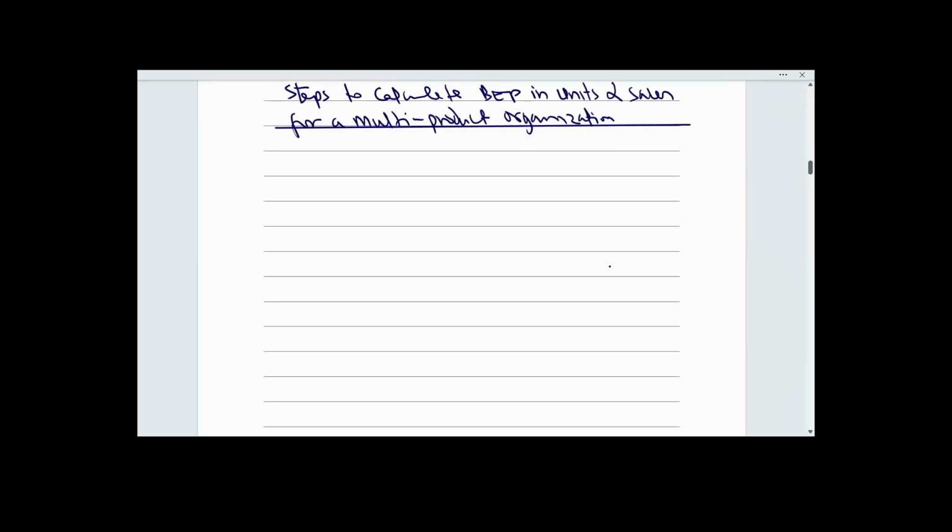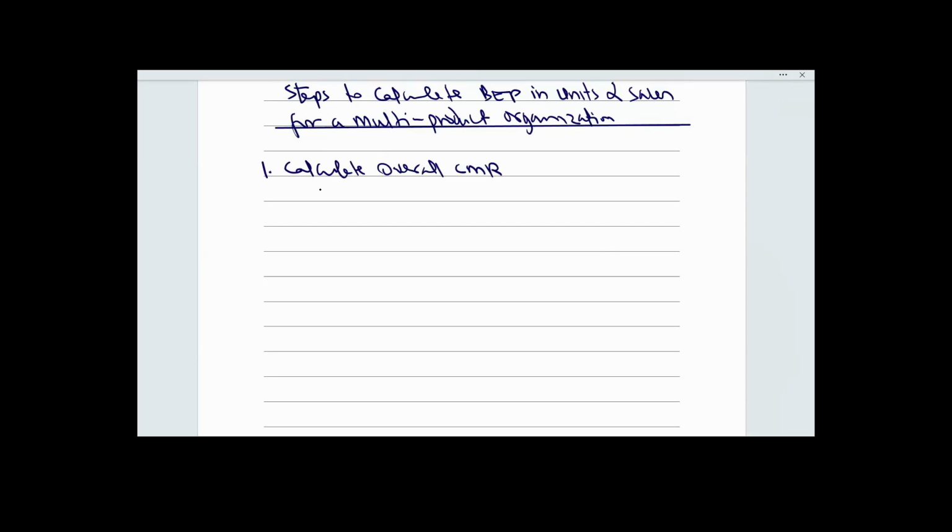Anytime you want to compute break-even point for a multi-product company, there are about 5 steps. So the first step is to calculate overall contribution margin ratio. This is the contribution margin ratio for the company as a whole. It's not related to any of the products, so it's for the company as a whole.